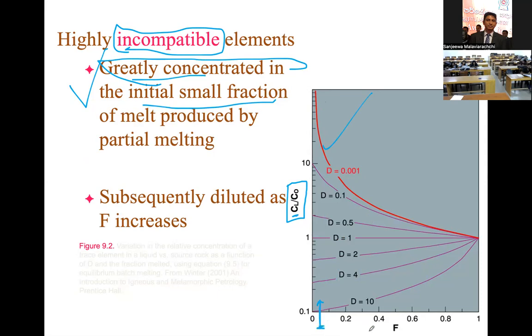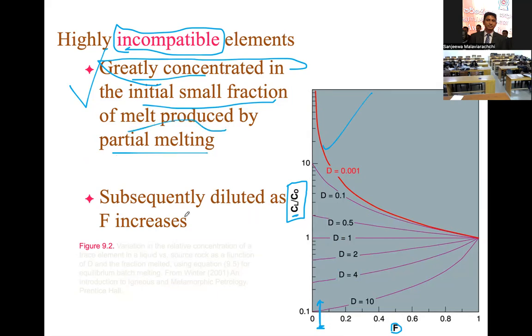Initial melt drops produced means F equals a very little amount, 0.something, 0.1 or whatever. So this is how partial melting gives out the results.